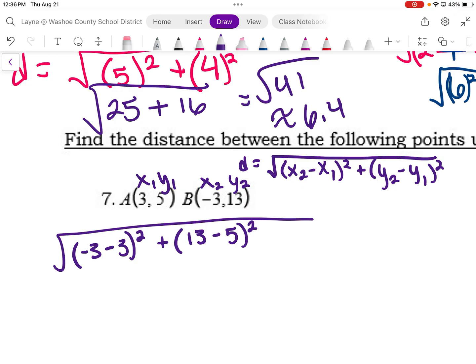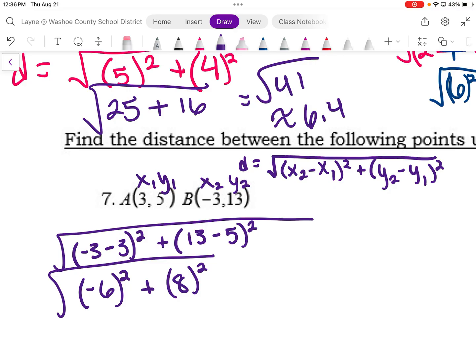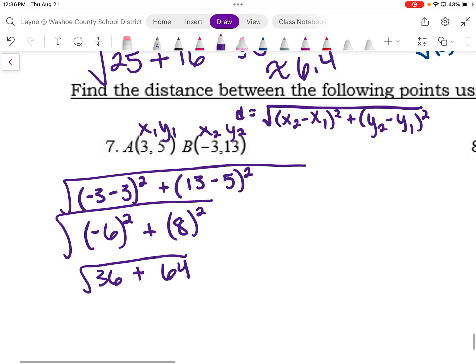Negative 3 minus 3 is negative 6 squared, plus 13 minus 5 is 8 squared. Negative 6 squared becomes positive 36 because it's in parentheses, plus 8 squared is 64. Add those together, we get square root of 100, which is 10.